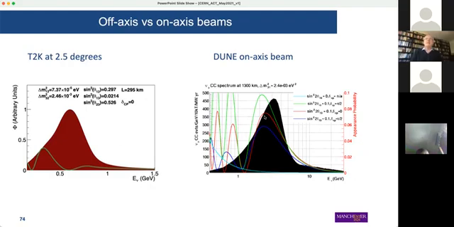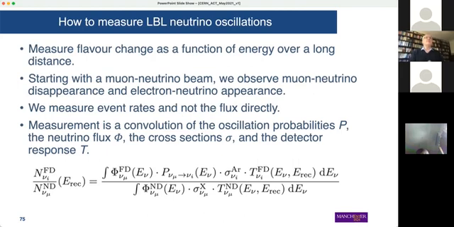Now, in reality, the situation is, of course, more complicated because we don't actually measure the flux, but we measure event rates. This means, because we measure event rates, we become sensitive to other effects.